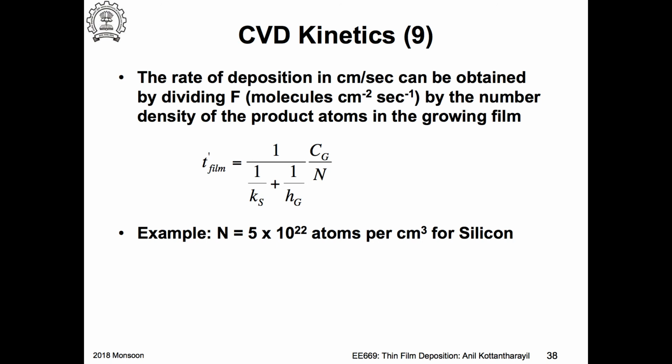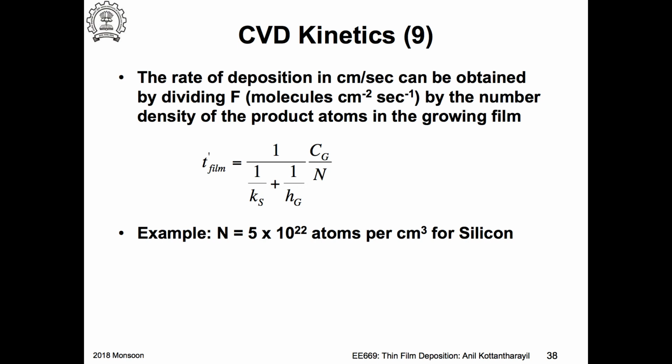So whenever you have this relationship, 1 by something plus 1 by something, the smaller or slower of the processes would dominate the overall. This is always the case, right? You might have seen this Matthiessen's rule, or the lifetimes of carriers, where 1 by tau is equal to 1 by tau radiation, 1 by tau SRH, and so on and so forth.